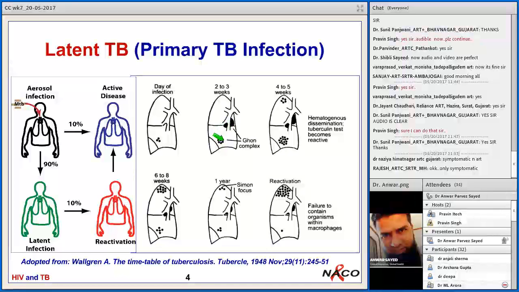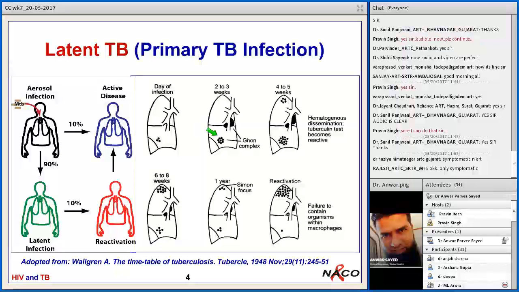Usually it subsides on its own. But if a person is immunosuppressed, or there are favorable conditions for the TB organism to multiply, there can be a form of progressive primary tuberculosis, and when this happens, it has to be treated. But usually the Ghon focus goes unnoticed.